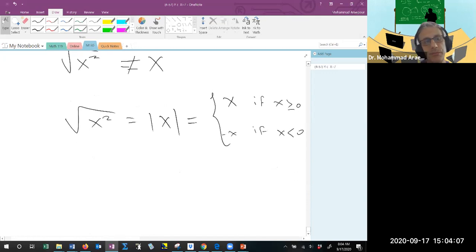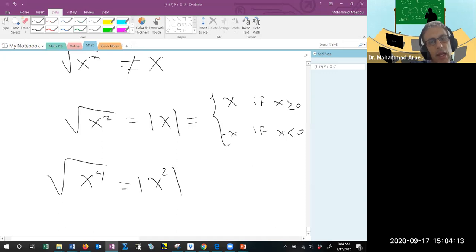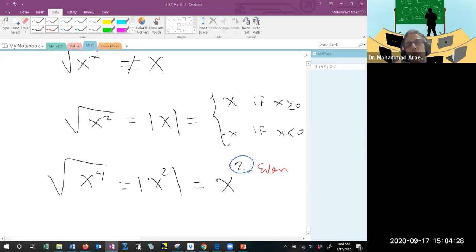Now, of course, if you wrote absolute value, the square root of x to the power of 4 is absolute value of x squared is correct, and if you drop the absolute value it is also correct, because if you notice now, this exponent is even. So that's fine if you don't put an absolute value. But this one has the exponent which is odd.